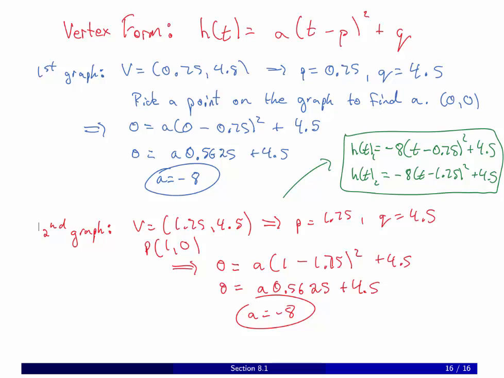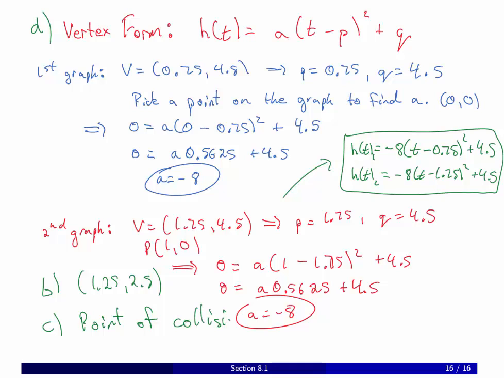Okay, let me just turn this around. So we get, this is part A, so for part B, our solution is 1.25 and 2.5. We can verify that, that'll be correct, and what is happening here?